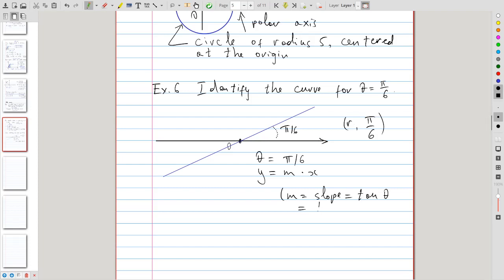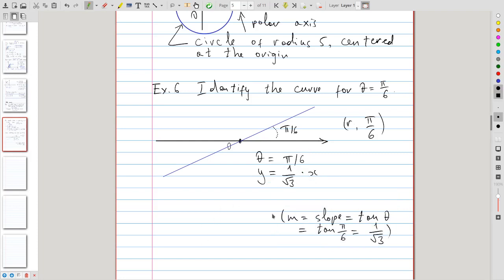So that's tangent of pi over 6, or 1 over square root of 3. And so the equation of our curve in Cartesian coordinates will be 1 over square root of 3 times x, like so.